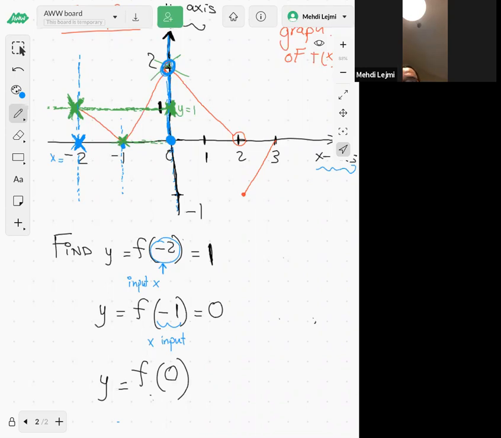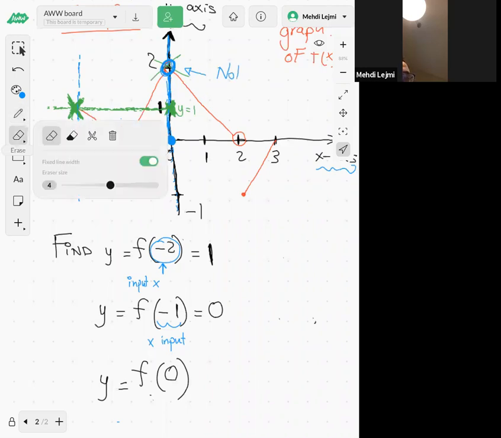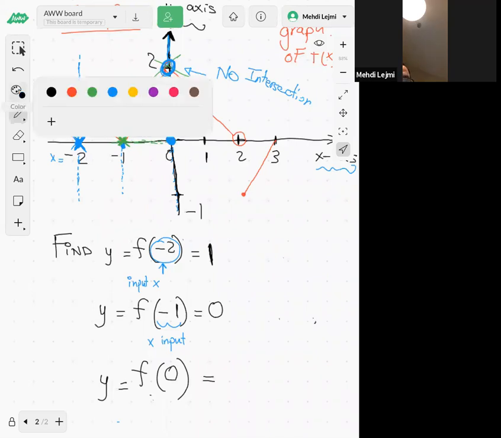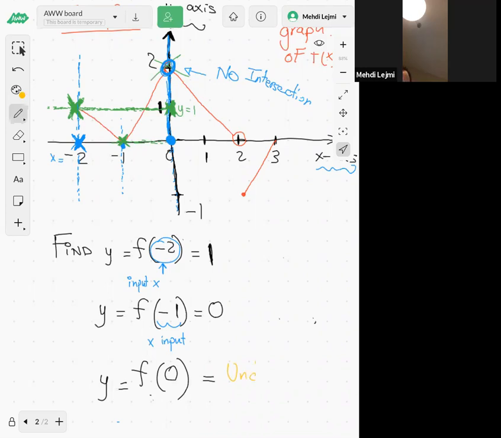So there's no intersection here, because that point is not included in the red graph. So if there's no intersection, it means that if the input x is 0, then there is no output. So the answer is undefined.